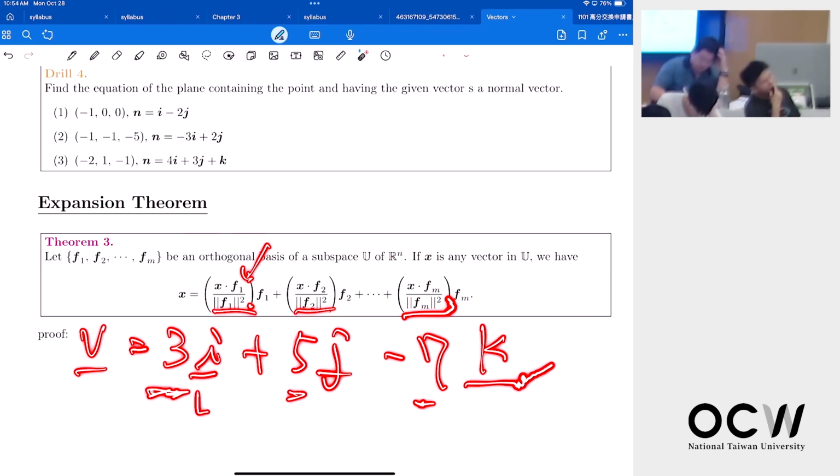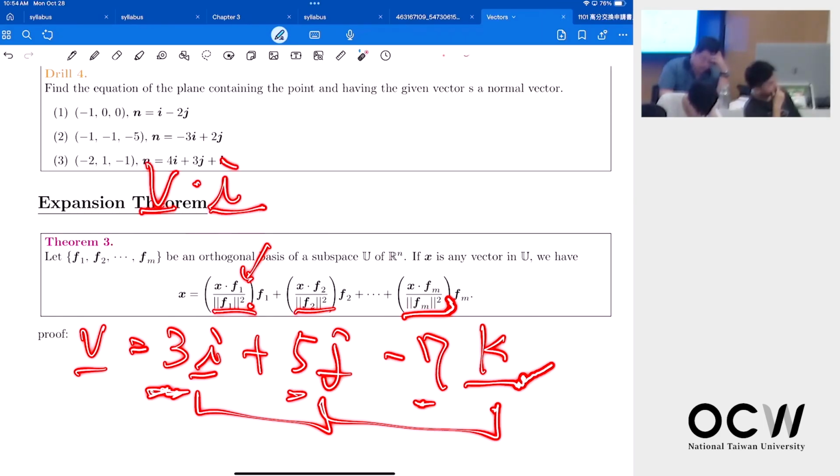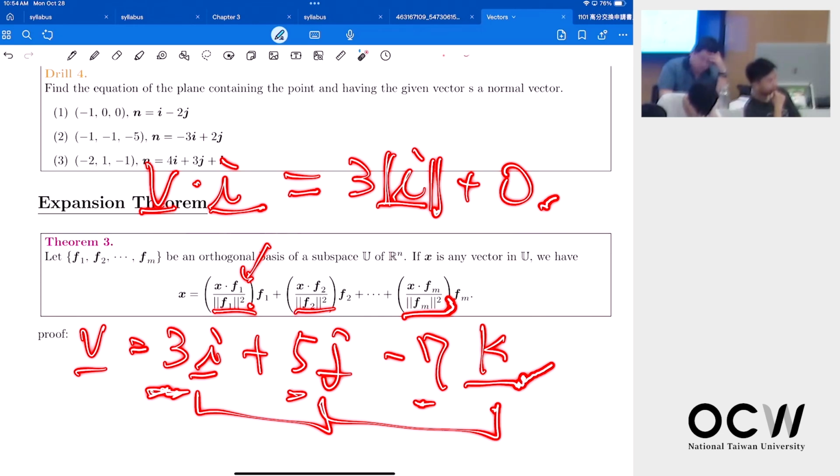Since they are orthogonal, to get 3, I can take v inner product i, or dot product i. That will be 3 times the norm of i squared plus 0. So how do we get 3? v inner product i divided by the norm of i squared.